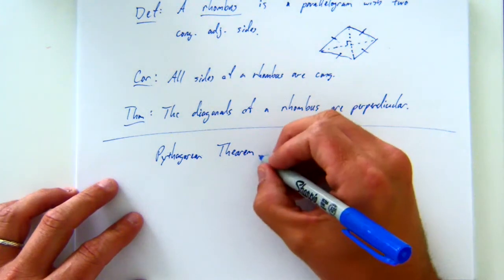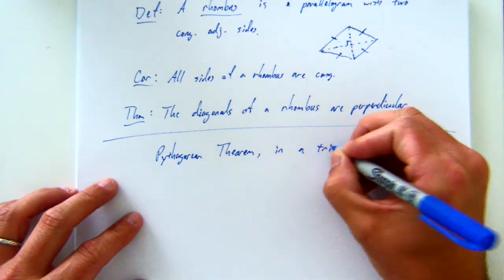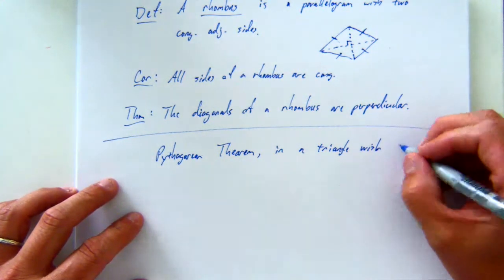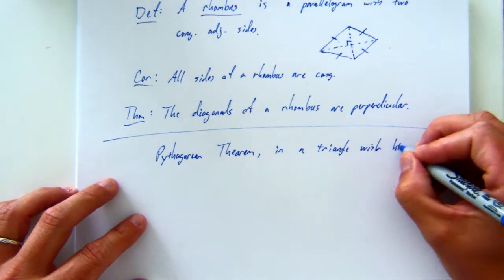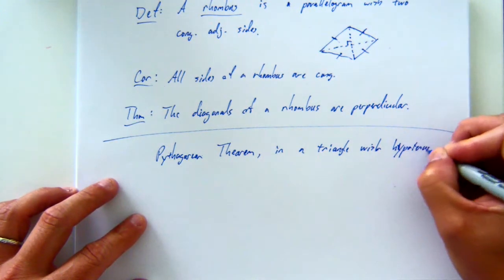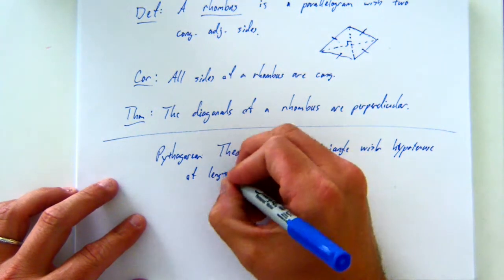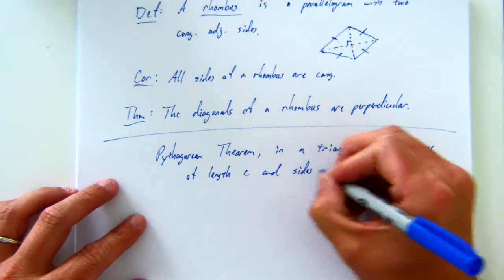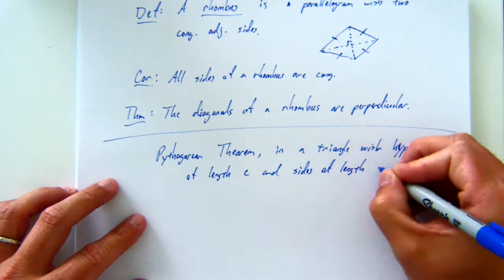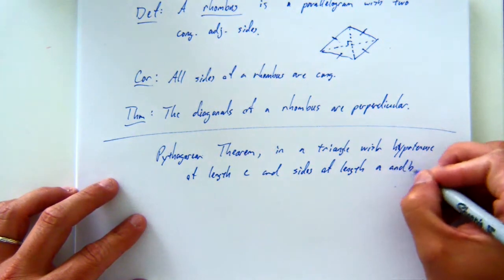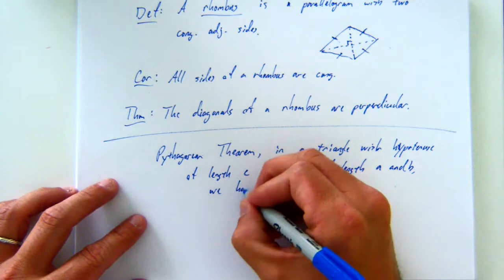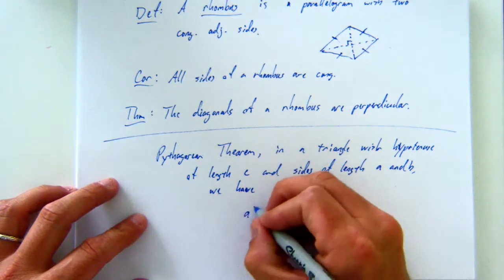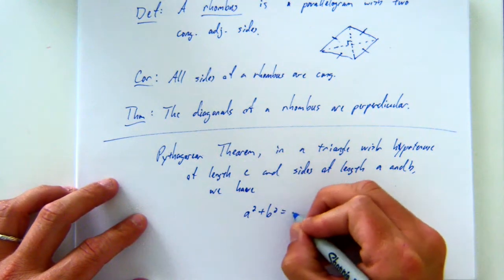But the Pythagorean theorem says, in a triangle with hypotenuse of length C and sides of lengths A and B, we have the relationship that A squared plus B squared is equal to C squared.